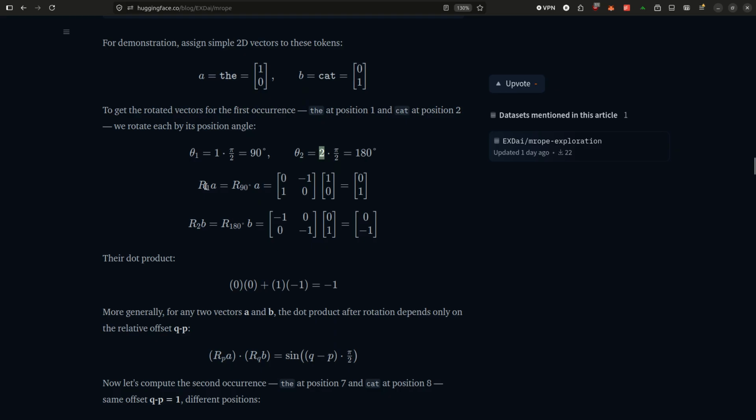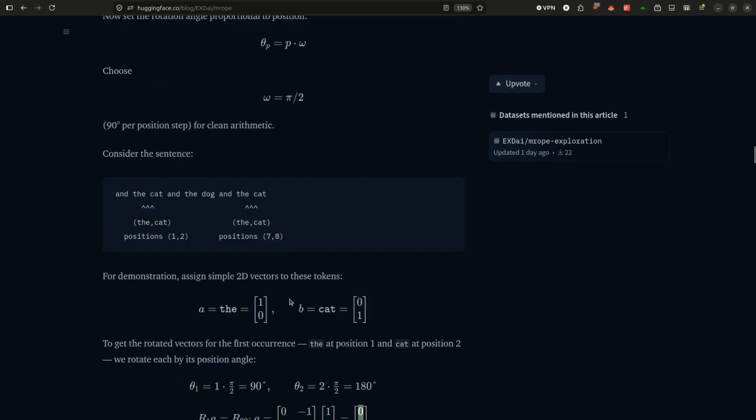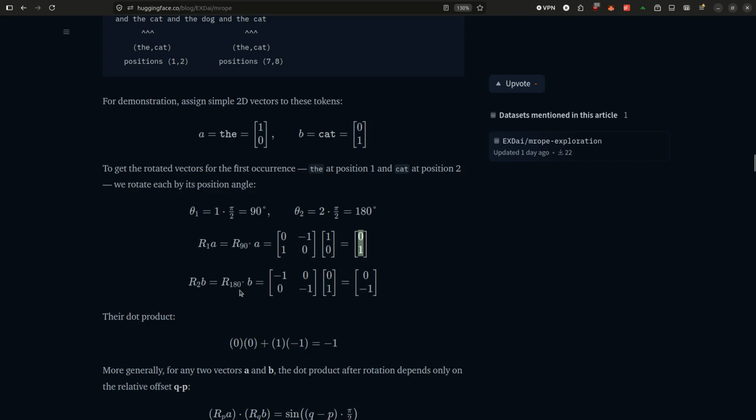And that gives us 0, 1 for the rotated the. You remember we're rotating 1, 0 by 90 degrees, so that becomes 0, 1. Makes sense. And B, which is 0, 1 already, is going to be rotated 180 degrees, which we know is just a reflection across the x-axis.